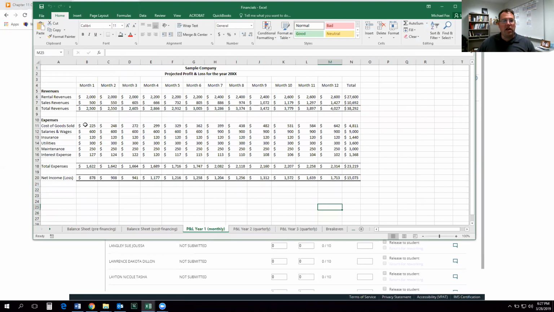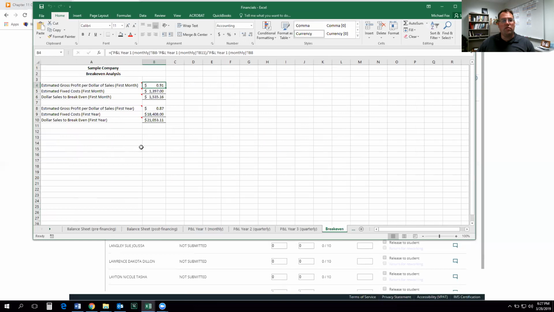And in this case, we take our total revenues, we take our cost of goods sold, and we can divide that by our total revenues, and that'll tell us our cost of goods sold per dollar of revenue. Or we can take our revenue minus our cost of goods sold. That gives us our gross profit. Divide that by total revenues, and that'll give us our gross profit per dollar sold. So this company makes 91 cents for every dollar of sales.